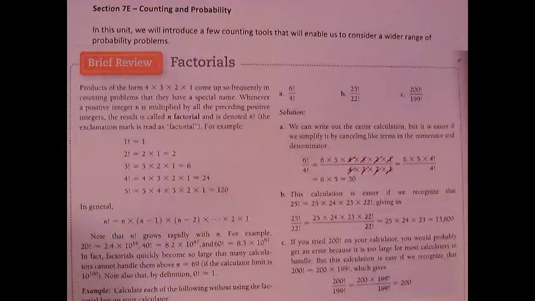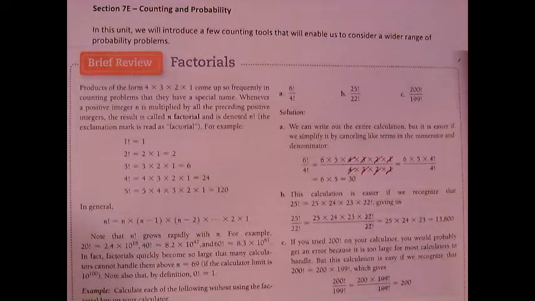Now in part B, we have 25 factorial divided by 22 factorial. Unfortunately, you don't want to write 25 factorial as 25 times 24 times 23 all the way down to times 2 and times 1. That can be time consuming.